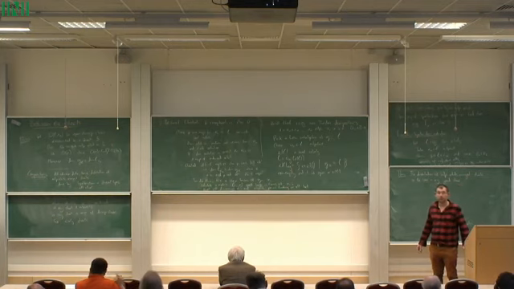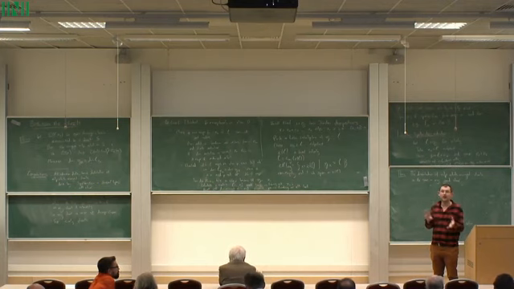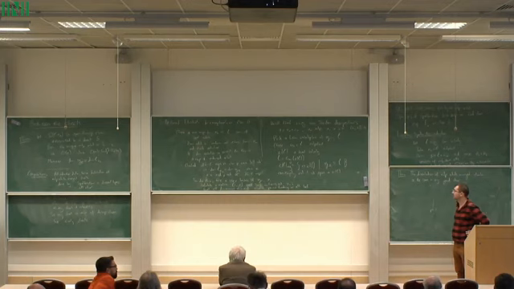Lusztig has defined a surjective map from the conjugacy classes of the group to the sheets. Yeah, I mean, this is of course him working on the Springer correspondence and seeing the connection with the sheets. Yes, I think that's all true.